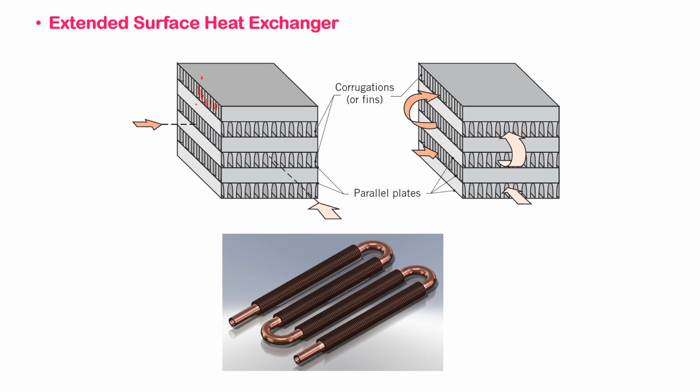What this does is increase the surface area, so it increases the effective convective heat transfer coefficient. You have one fluid going this way, another fluid going that way, and you are trying to maximize the contact between them by introducing these corrugations.